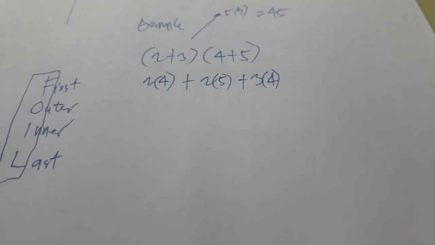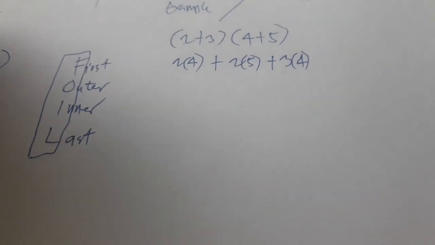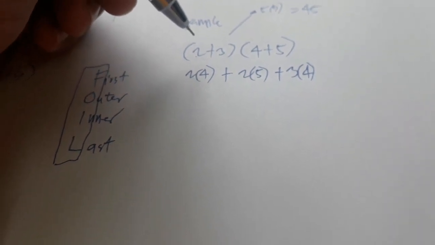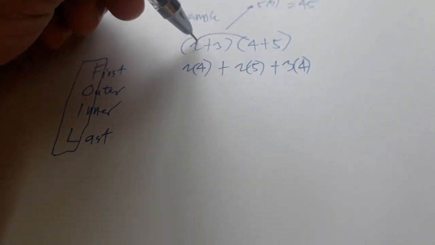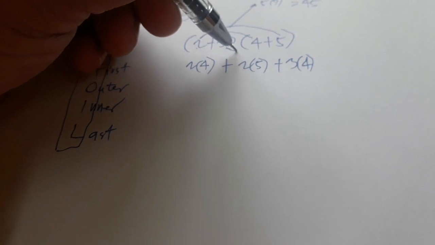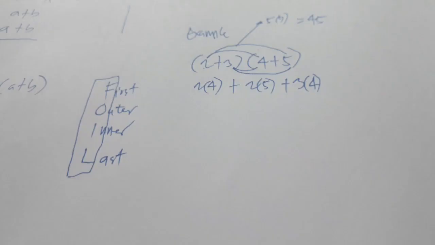Actually, as your guide, you can also make some guide strokes like a rainbow here under the distributive property. First stroke, second for your O, for your I, then for your L. This is your last part.